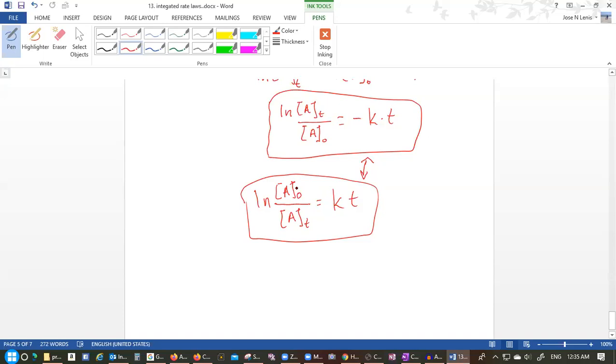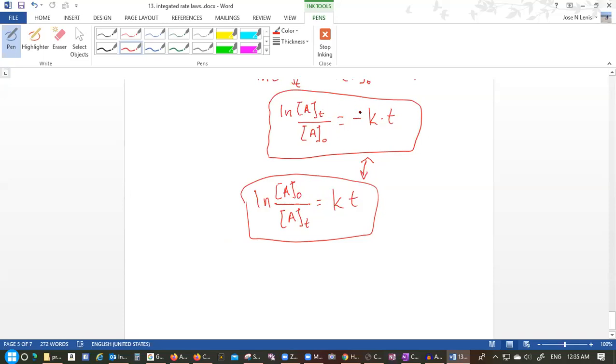You see here, negative sign here. Negative sign here, but now we have the positive slope. We just do the reverse and we switch terms here, and that is thanks to one of the log properties.